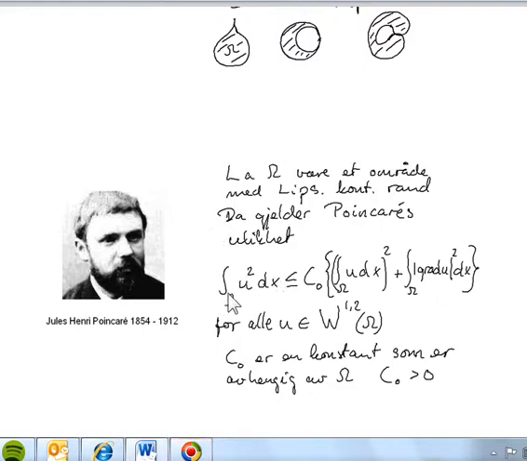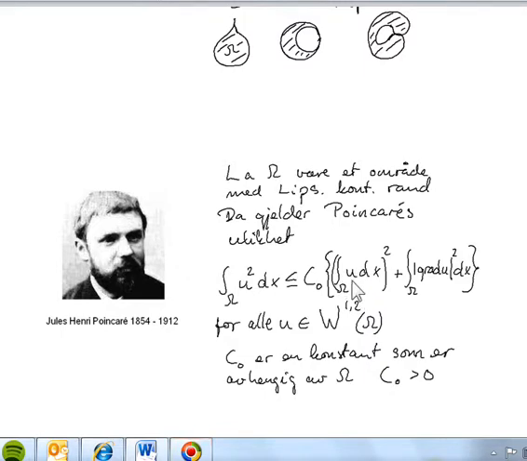The Poincare inequality tells the following: the integral of the square of the function u, which is a Sobolev function, should be less than some constant c0, and this constant c0 only depends on this space omega. So if we are given the space omega, this is some constant, and we multiply it with this expression. So this is the Poincare inequality.